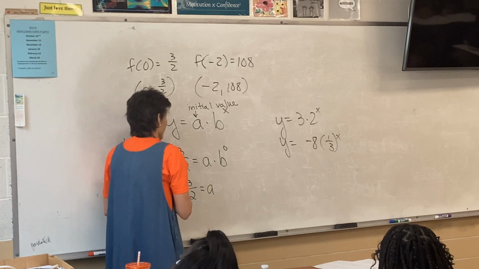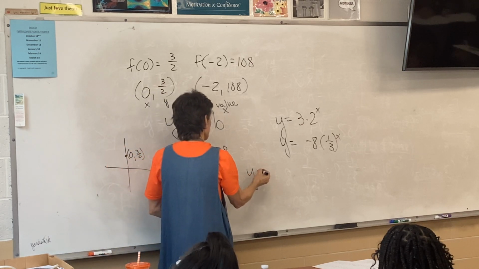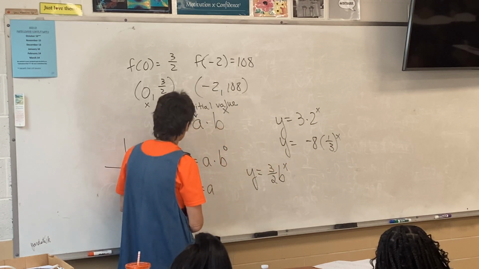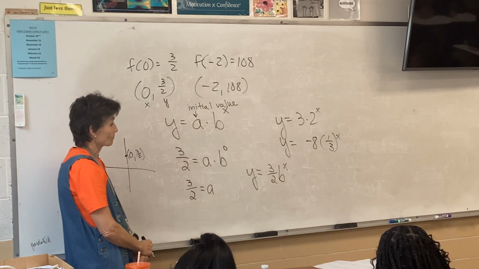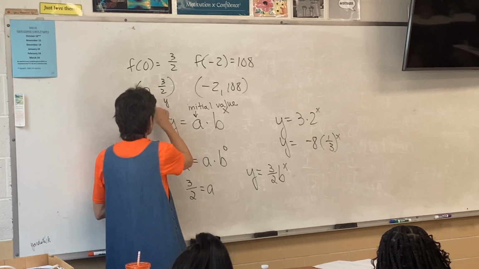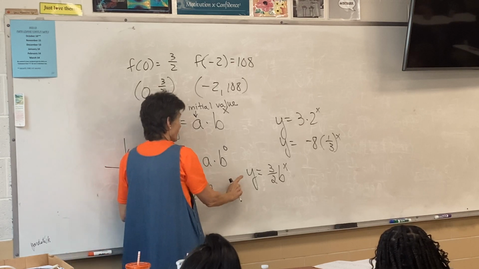All right, now that I've figured out what a is, my equation looks like this now. Well, guess what I'm going to do? I plugged in this point to get a, so what do you think I'm going to do now?